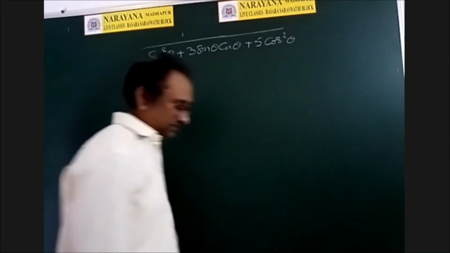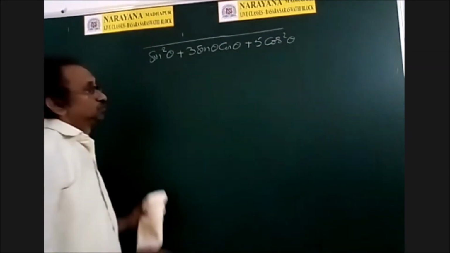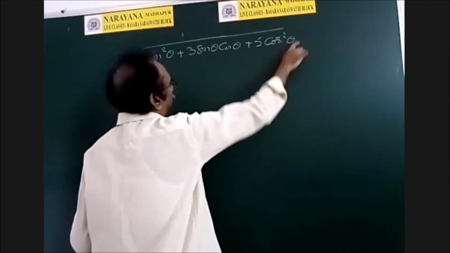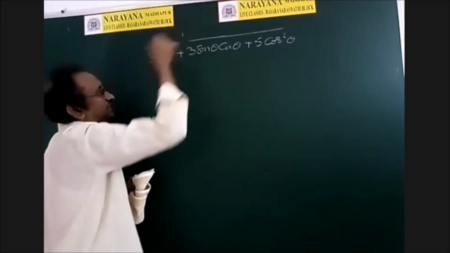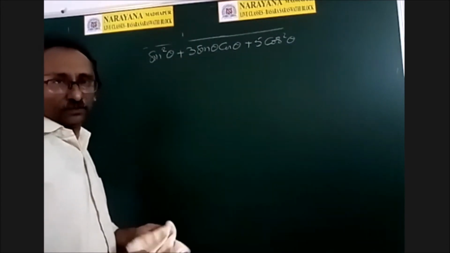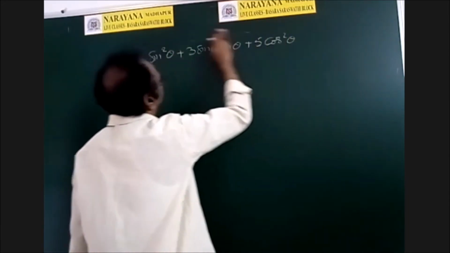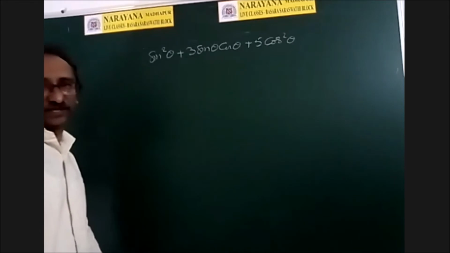So what is the maximum value? That is the question. If I know the minimum value of the denominator, then I can find the maximum value by just reversing that number. So consider this function first, and after that we can discuss its reciprocal.